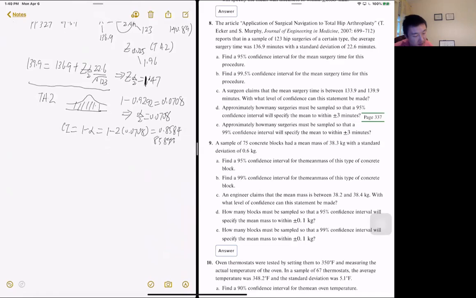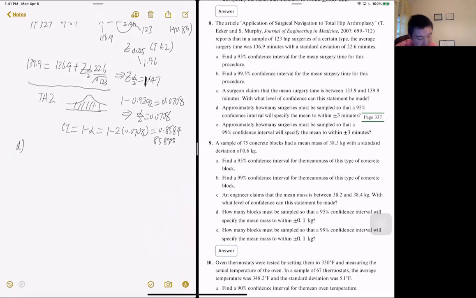Then the next part, part D, asks approximately how many surgeries must be sampled so that we have a 95% confidence interval that specifies the mean to be within plus minus 3 minutes. Again, the same thing.